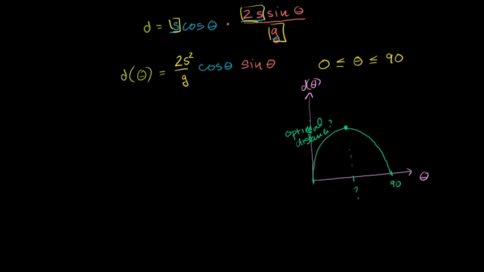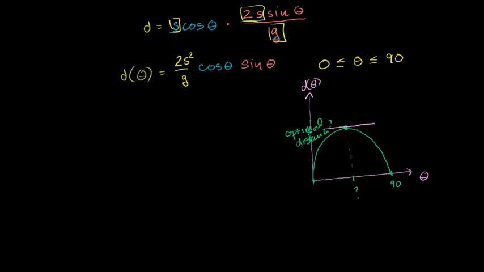It's flat. The slope there is 0. So what we need to do is take the derivative of this function and then figure out at what angle the derivative, or the instantaneous slope of this function, is equal to 0. And then we're done. We will know this mystery angle, this optimal angle to shoot the object at.